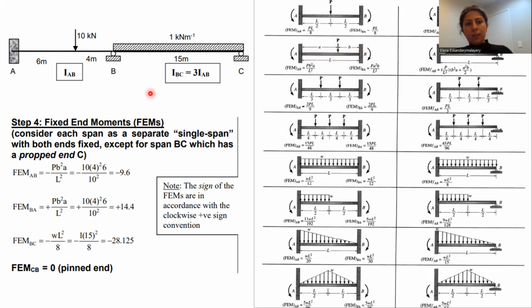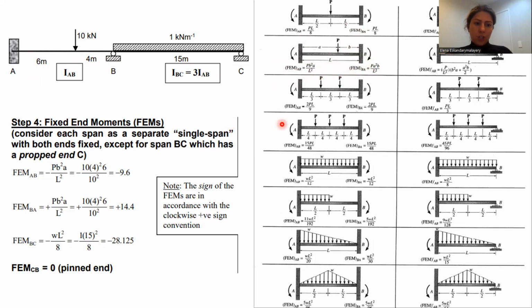So A is 6, B is 4, and then you can calculate the fixed end moment at B, which is PA squared B over L squared. And for A, it is PB squared A over L squared.